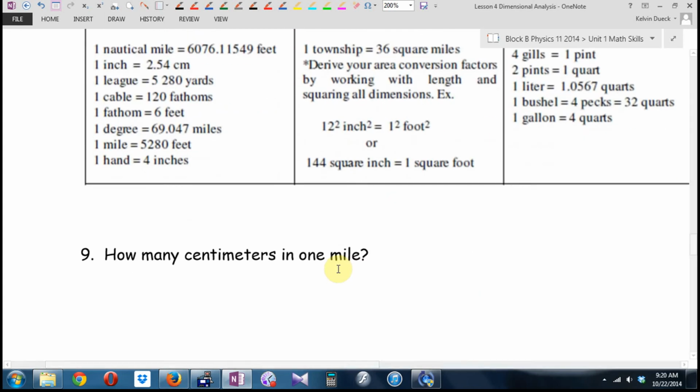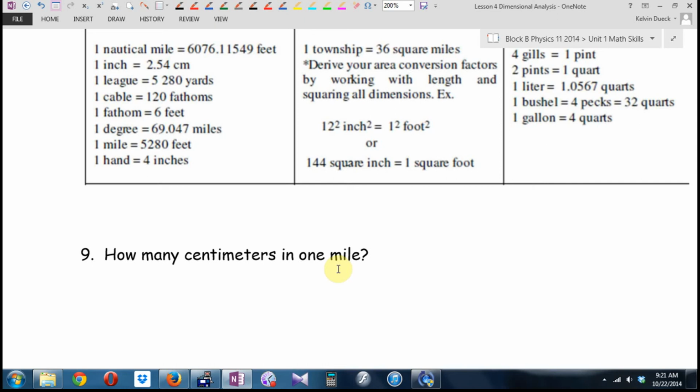The first thing I'll go look for is there anything on there that relates centimeters to miles or miles to centimeters. Go hunting through there. Because it'd be nice if that was the case, I could use it. Nope. So, what are they giving me? 1 mile? What do I want to end up in? Centimeters?